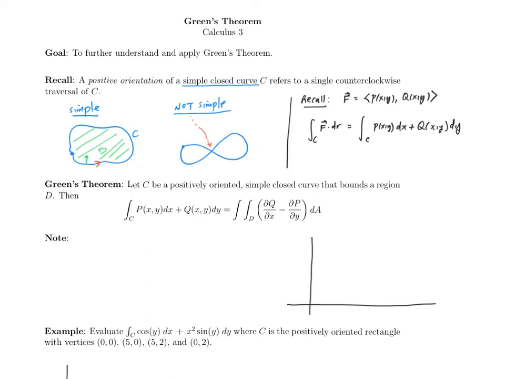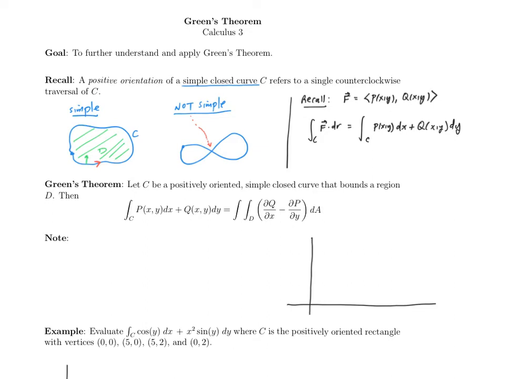Green's theorem tells us the following. If we have C, a positively oriented, simple closed curve that bounds a region D, think the picture above, then the line integral over that boundary curve of the form P dx plus Q dy is equal to the double integral over the region D of dQ/dx minus dP/dy.